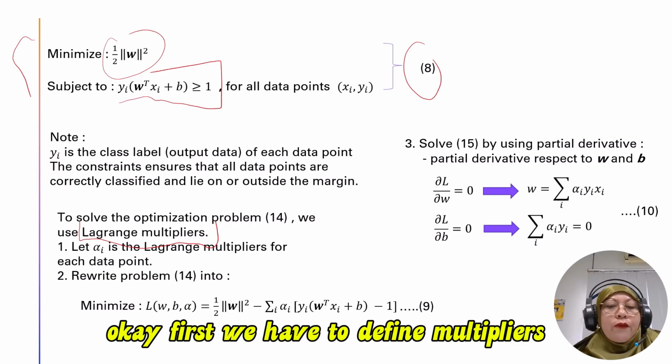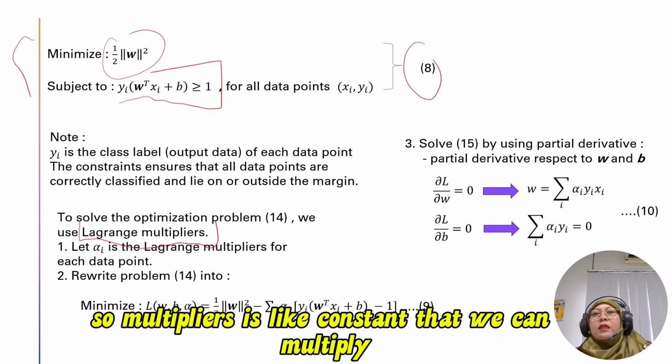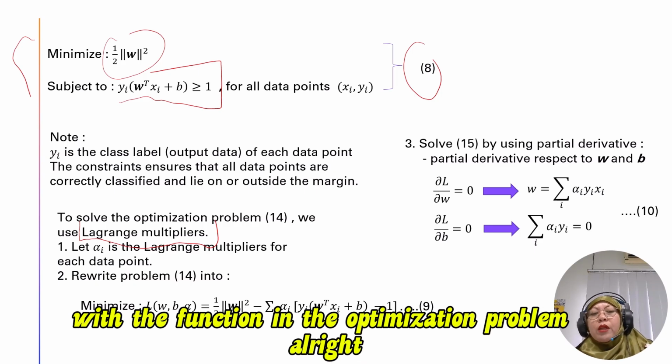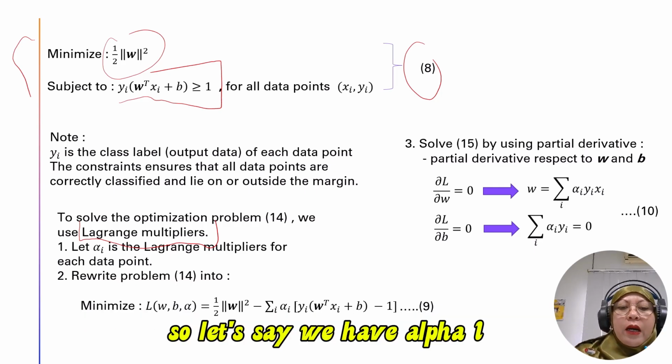First we have to define multipliers. Multipliers are like constants that we can multiply with the function in the optimization problem. Let's say we have alpha i.